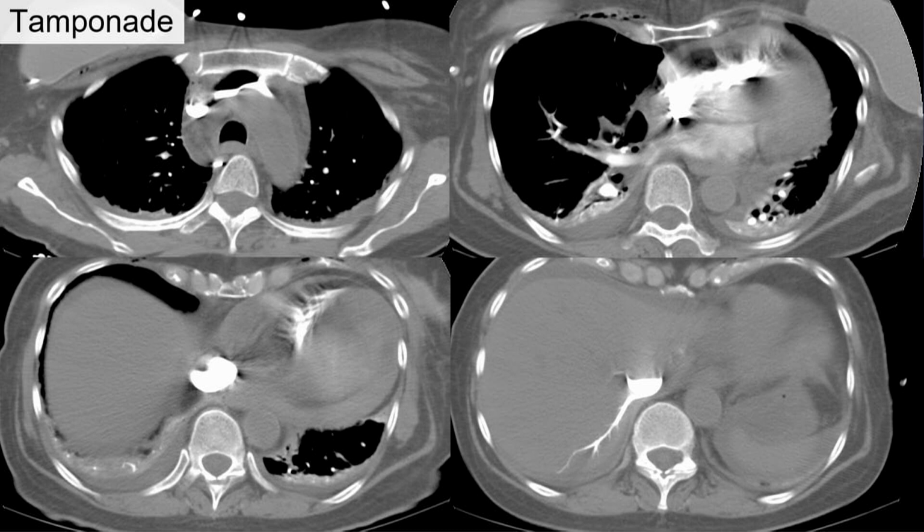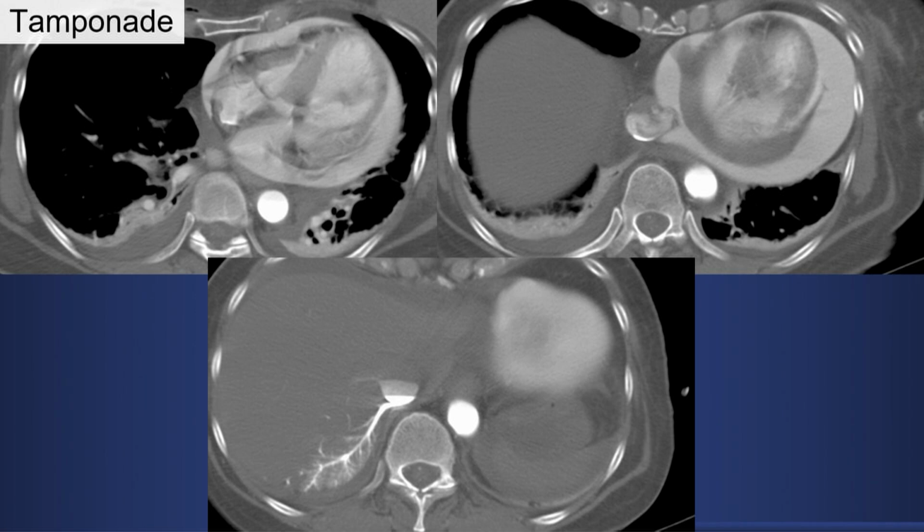And then a delayed image was obtained because they also wanted a body CT, so they scanned the chest, reset, scanned the body, and you can see there's frank extravasation of contrast material into the pericardium. So clearly, I think it was probably an arterial stick. They weren't getting blood return.